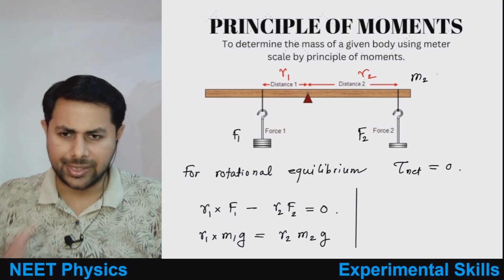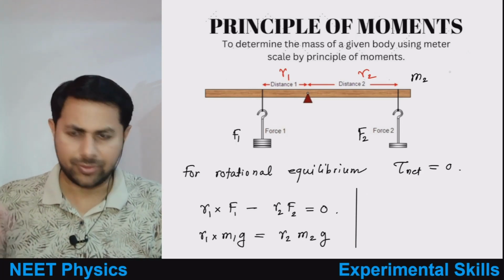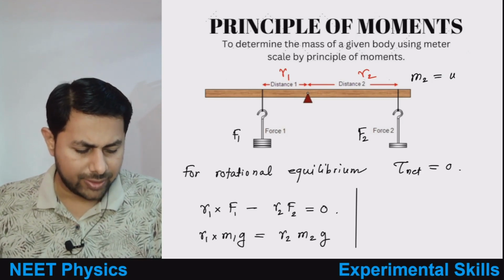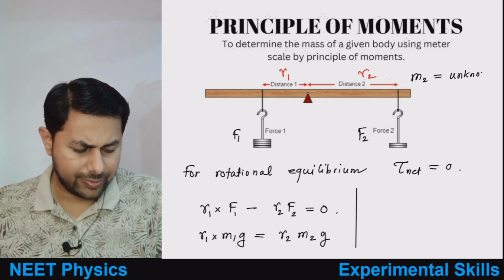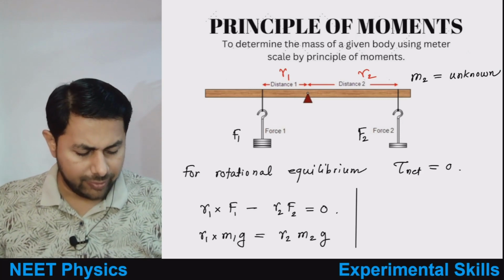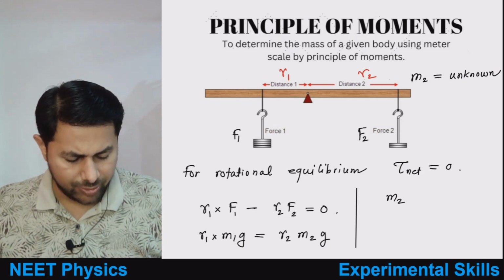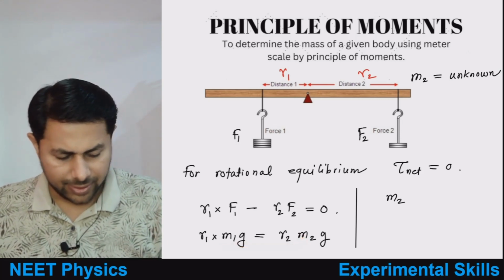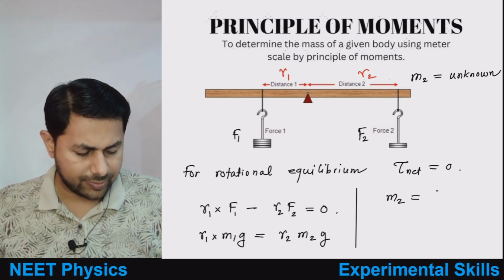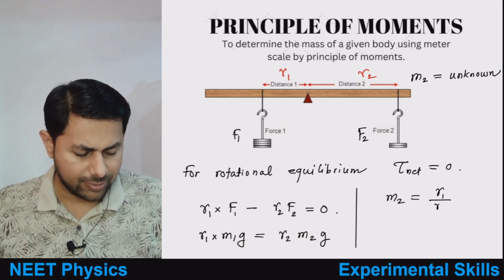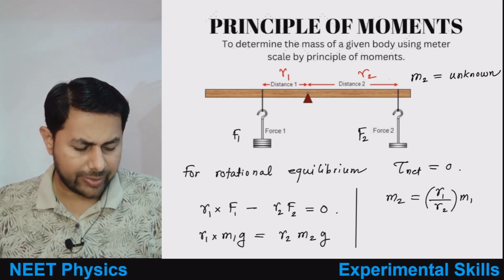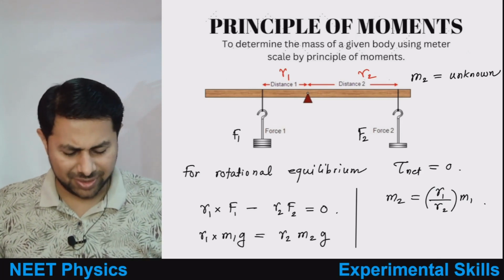Just for an example, it can be m1 unknown, m2 unknown, any one of them. Then what would be m2? Just move r2 to the other side. So m2 is equal to r1 by r2 times m1. And that's the experiment, right?